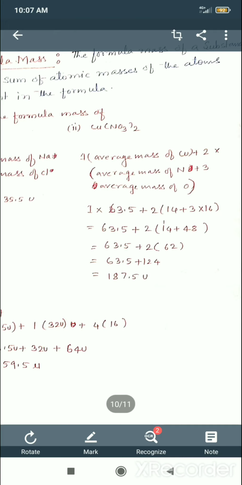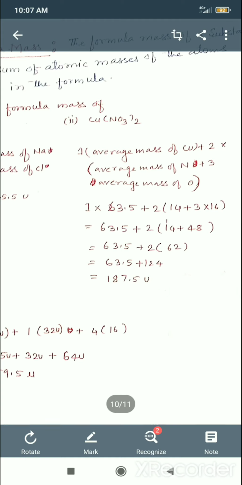So oxygen 16 into 3 and finally again it is multiplied by 2. So the answer is 124 plus the mass of copper, 63.5, and when you do the addition, the answer is 187.5. That is the formula mass.